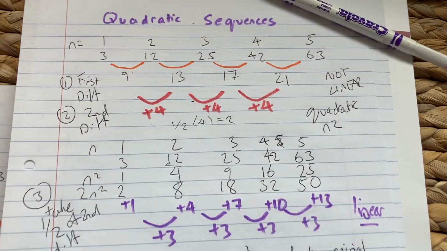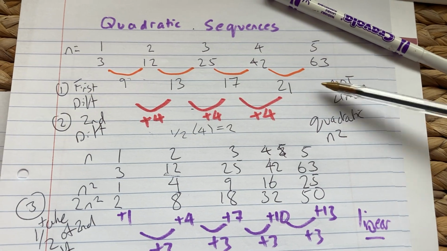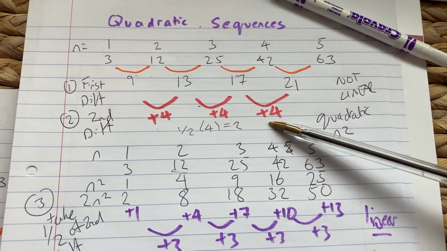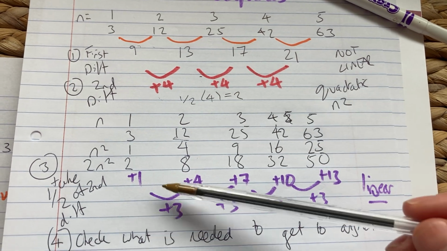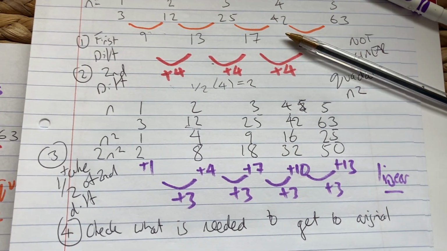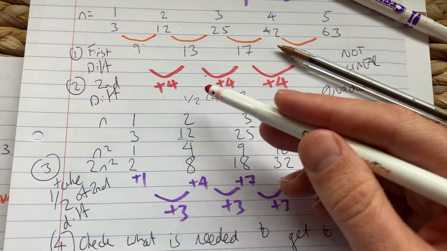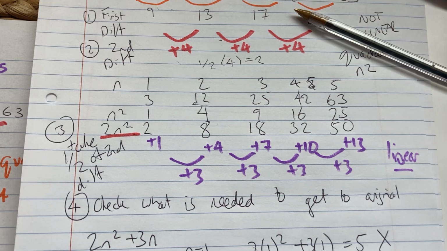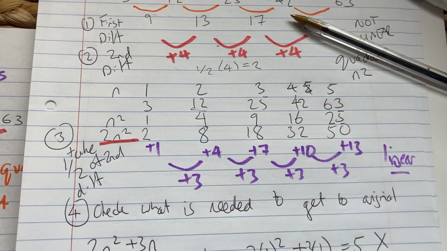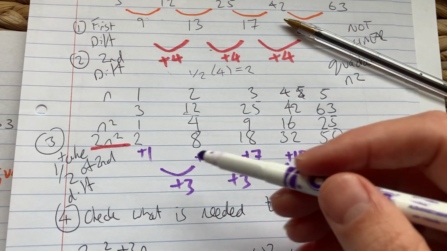So let's go over that again. I find the first difference. I then find the second difference. I take half of that second difference as the coefficient. So I'll try and use the same color there. Half of that 4 goes there. I then check what's needed to get back to the original, and that's this bit in purple.